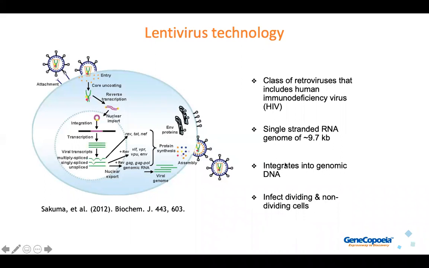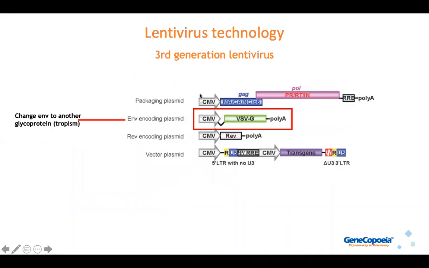Now, most people use lentivirus that is pseudotyped by using the envelope from vesicular stomatitis virus, known as VSVG, that replaces the GP160 protein of HIV.